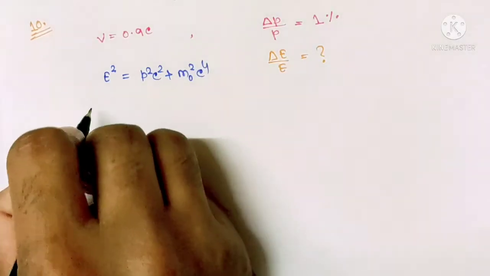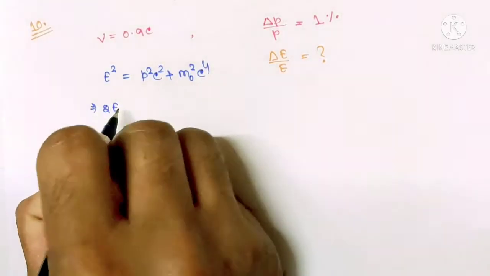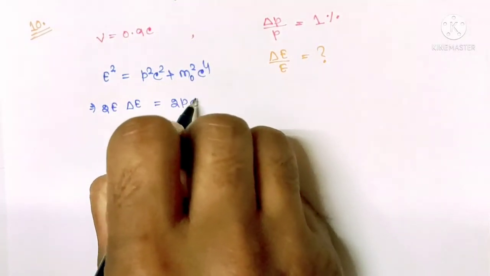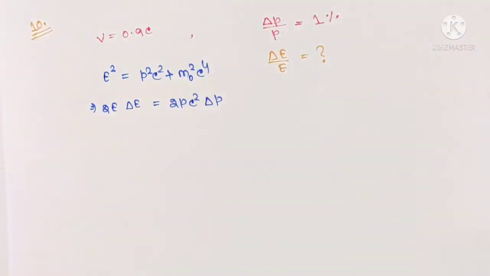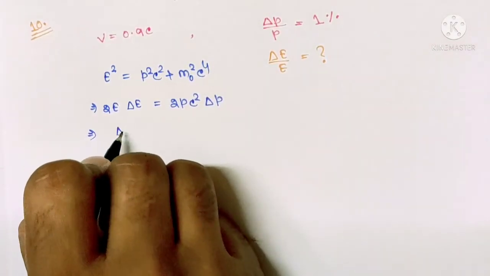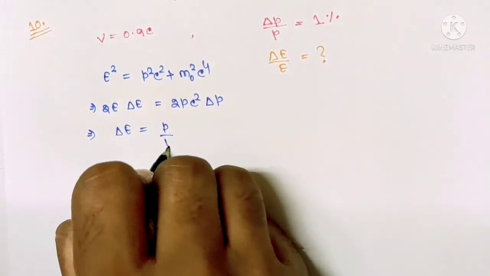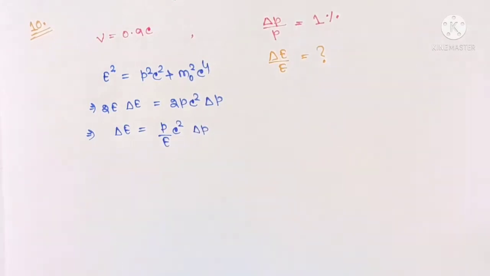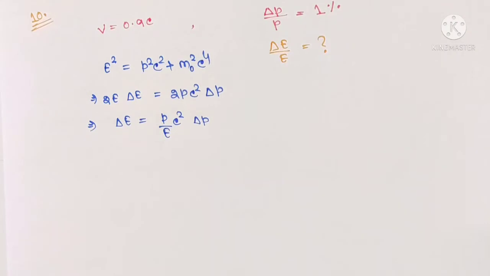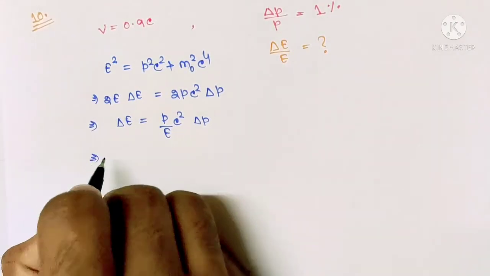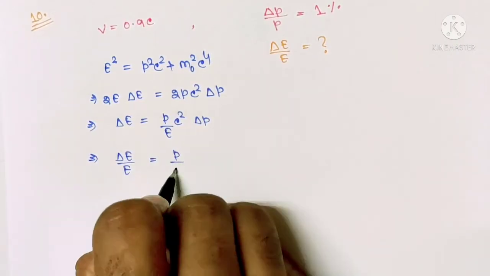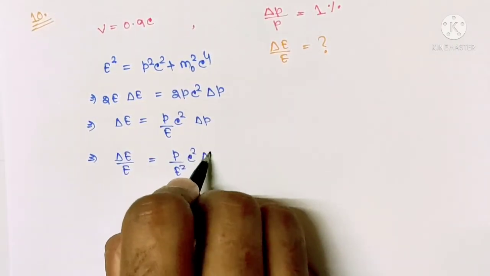So from here, 2E del E equals to 2P C square del P. Now del E equals to P by E C square del P. So we have to find percentage change in energy. So del E by E is equals to P by E square C square del P.